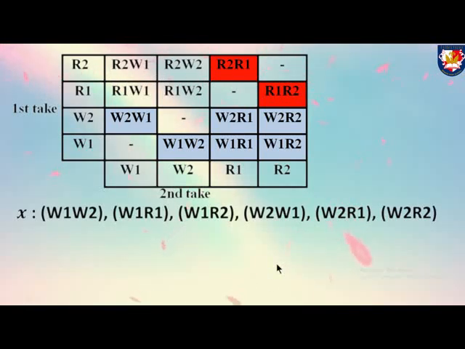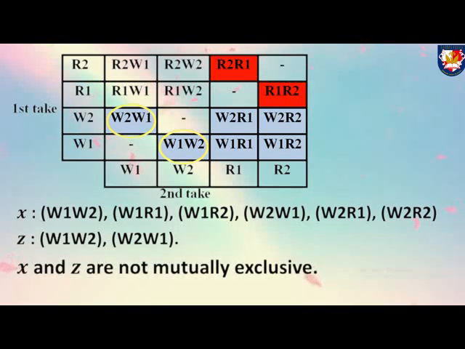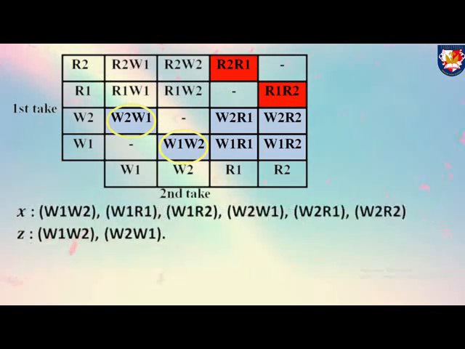How about X and Z? We have known this is all the elements of X, or the outcomes. And inside the circle is actually the elements or outcomes of Z, both white. As you can see, X and Z are not mutually exclusive because there are common elements or common outcomes. Which one is the common? This one is common and this one.